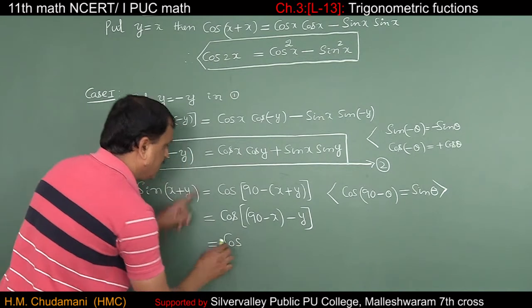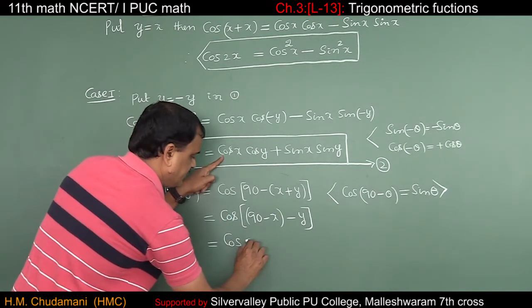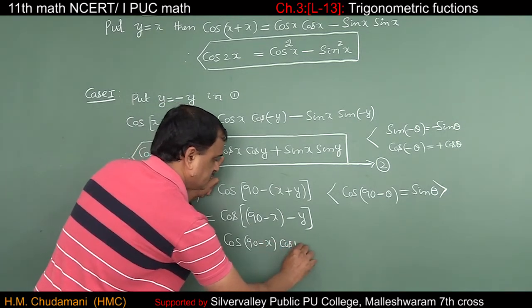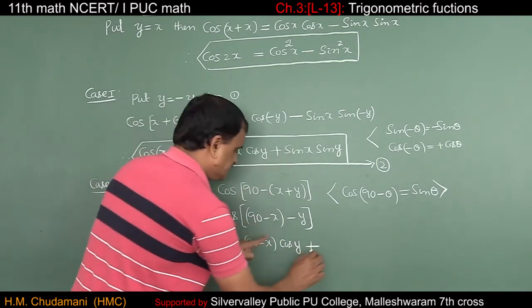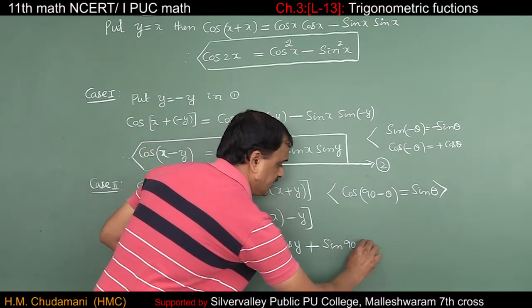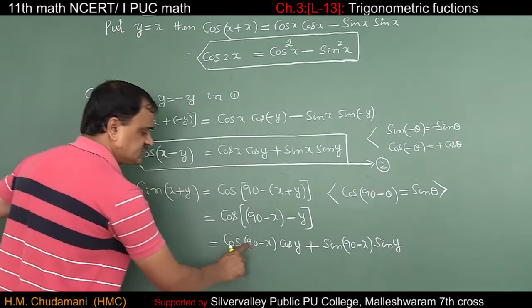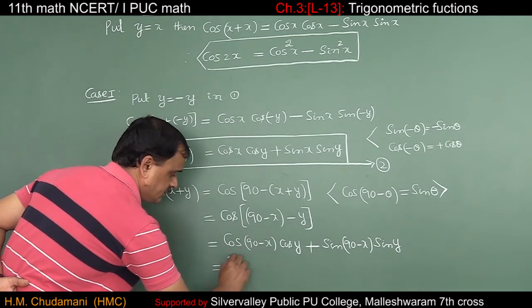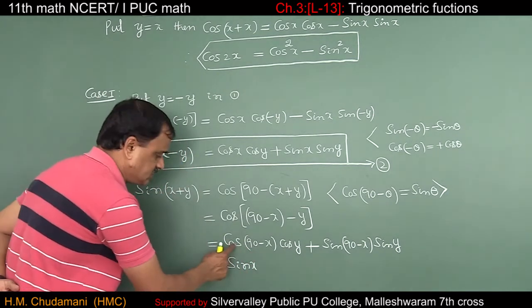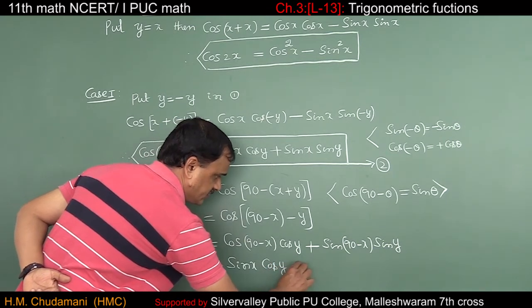That means in the cos of x minus y formula, that is cos of 90 minus x into cos y plus sin of 90 minus x into sin y. What is cos of 90 minus x? That is sin x. For 90 degrees the trigonometric function changes, cos changes to sin: sin x cos y.